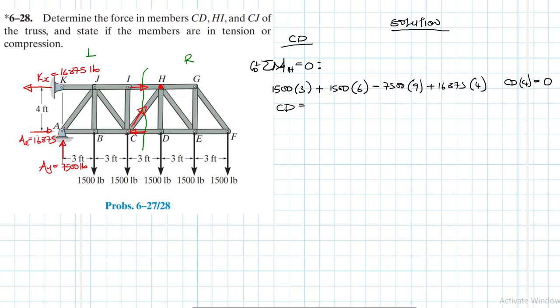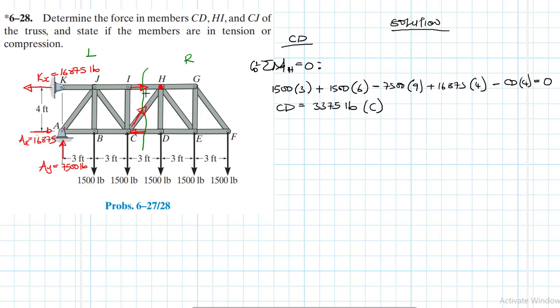All right, so CD is 1500 by 3 plus 1500 by 6 minus 7500 by 9 plus 16,875 by 4, and then divided by 4. So this one is 3375 pounds, and it is in compression. Great. So there we go. I think we are fine.